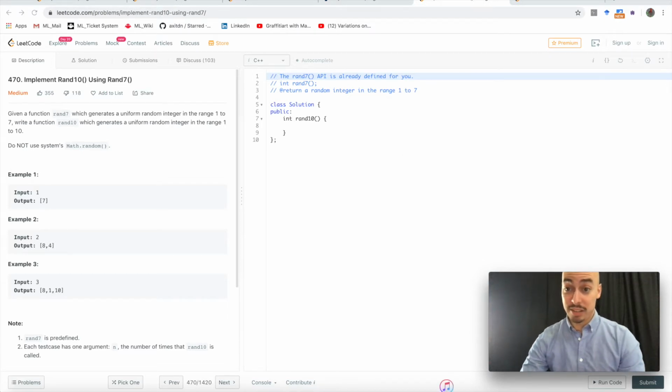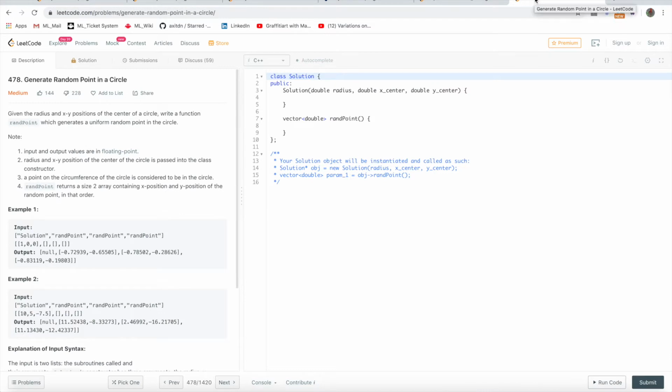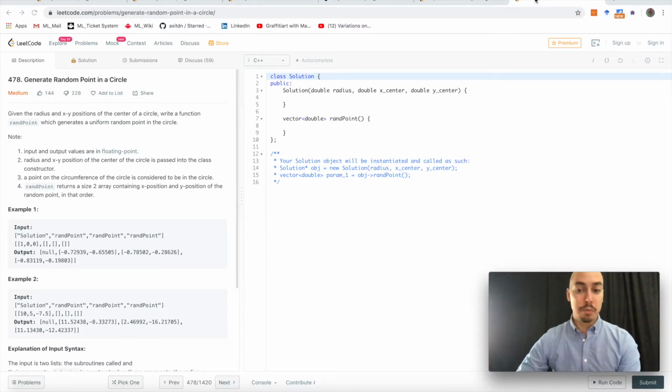And the second problem is called generate random point in a circle. 478, flagged as medium. Given the radius and x, y positions of the center of a circle, write a function randPoint, which generates a uniform random point in the circle.